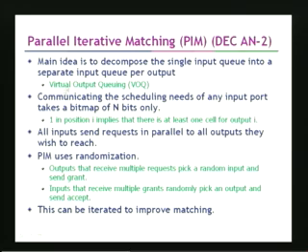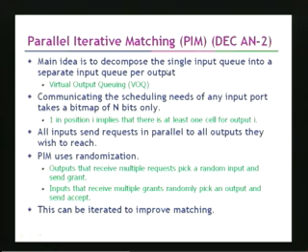And one of the popular algorithms actually used in practice is what is called parallel iterative matching, or PIM. So let's look at the concept of parallel iterative matching. Now the main idea of parallel iterative matching is really to decompose a single input queue into a separate input queue per output.